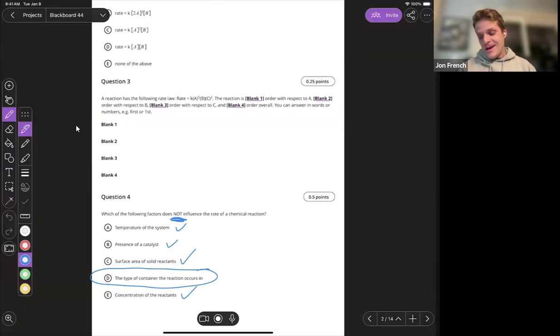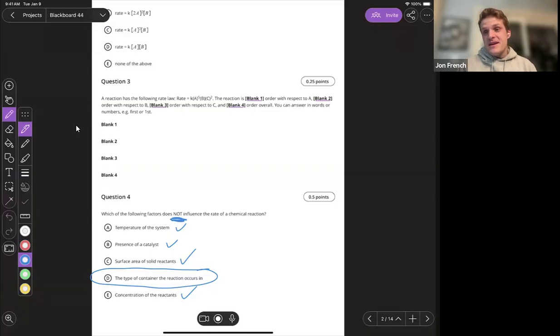It just said the type of container. We definitely know A, so number one, there has to be a correct answer. Temperature increases the rate of the reaction. A catalyst increases the rate of the reaction. The surface area increases the rate of the reaction, and concentration increases the rate of the reaction. So by default, I'm going to go with D.